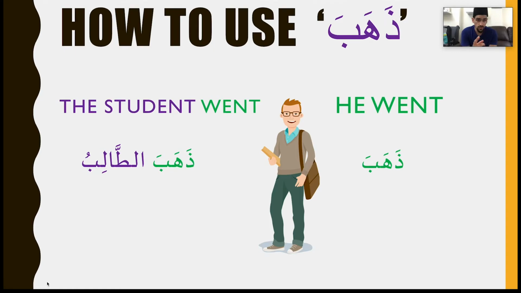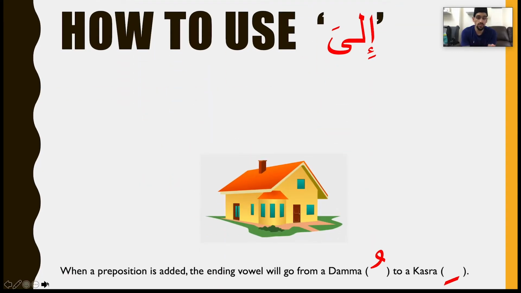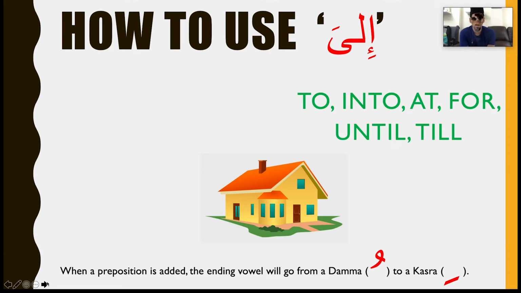Now let's go to the next bit, how to use ila. Here we have a house, which is baytun. The word ila can be translated in many different ways: to, into, at, for, until. But we're going to concentrate on the meaning to.